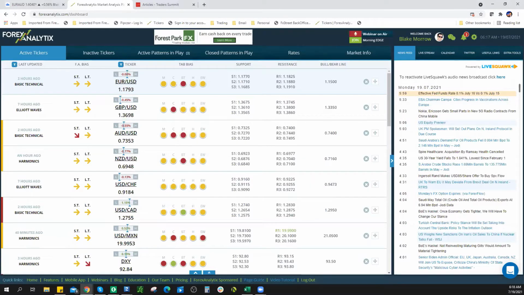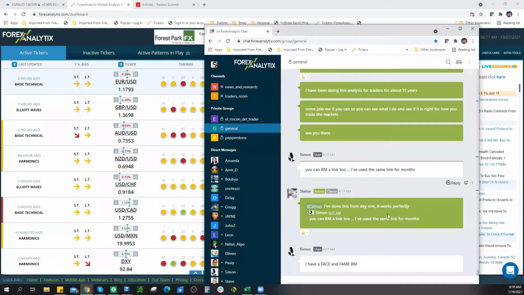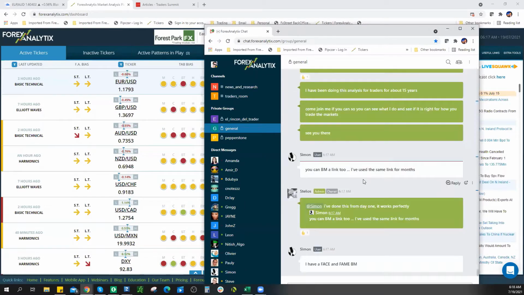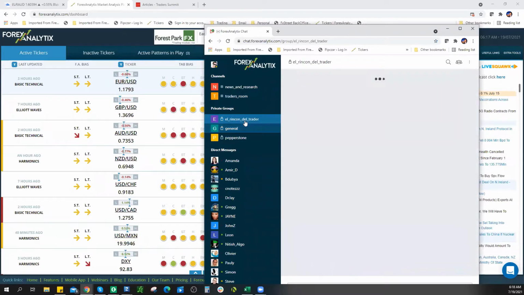I want to talk about a couple of things regarding our chat rooms. This is the chat room, and this is our general chat. For those of you who have been using ForexAnalytix for a long time, this is the general chat room that has always been there. We have our Spanish chat room.